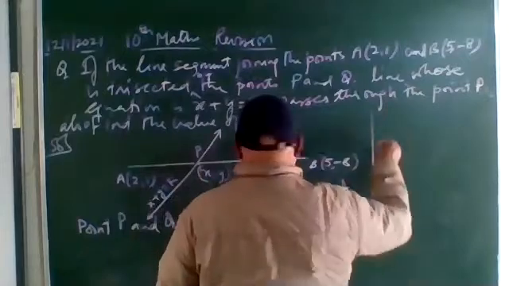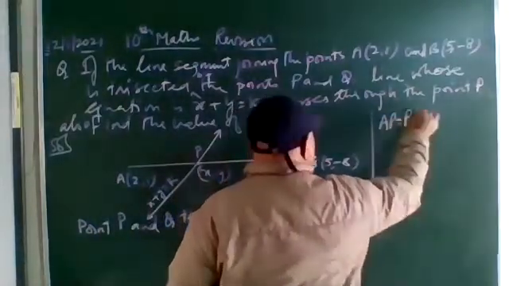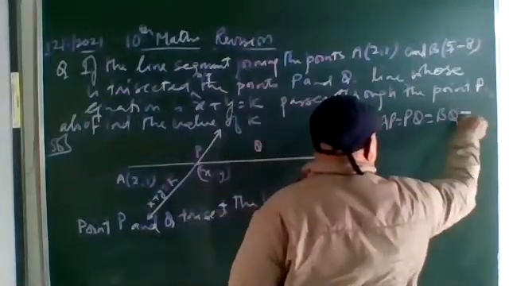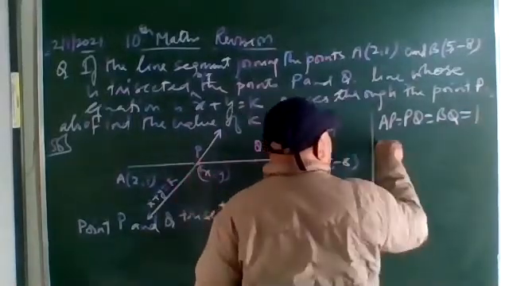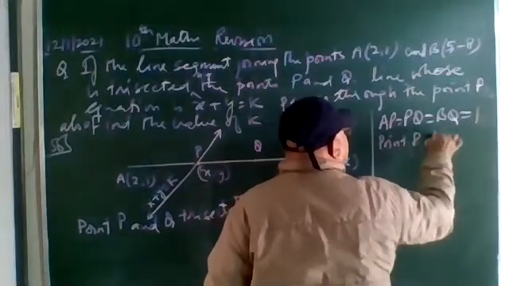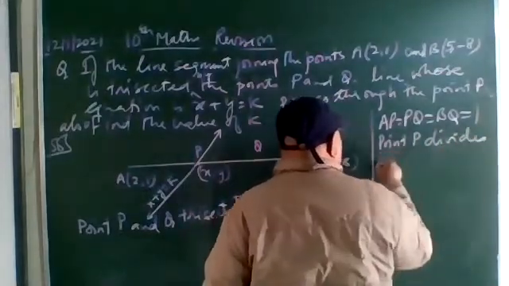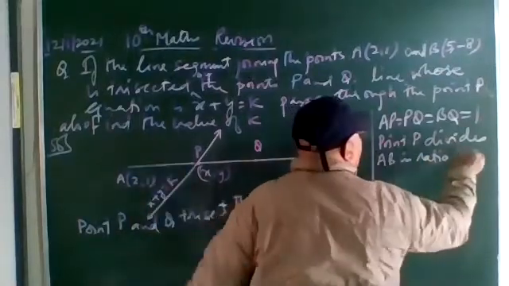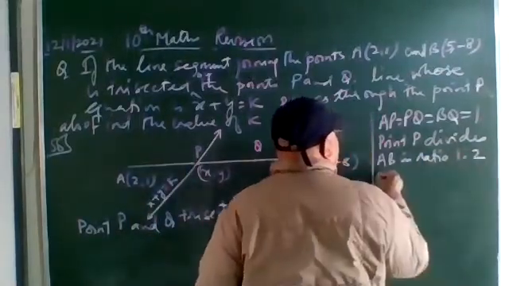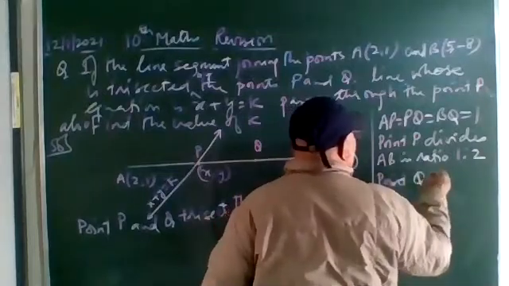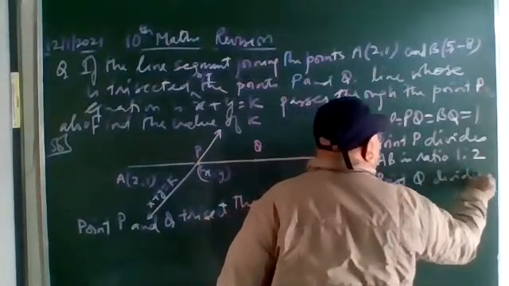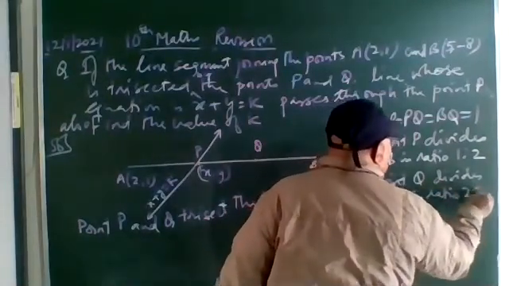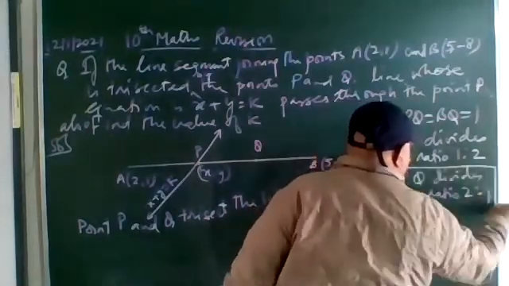Then AB equals AP equals PQ equals QB. Now point P divides AB in the ratio 1:2. Point Q divides AB in the ratio 2:1.